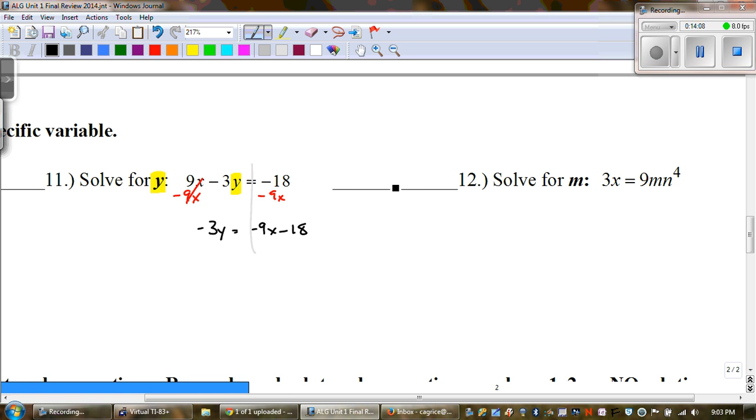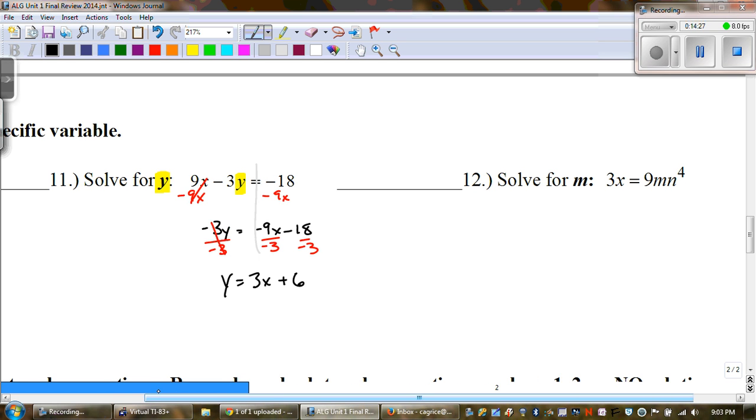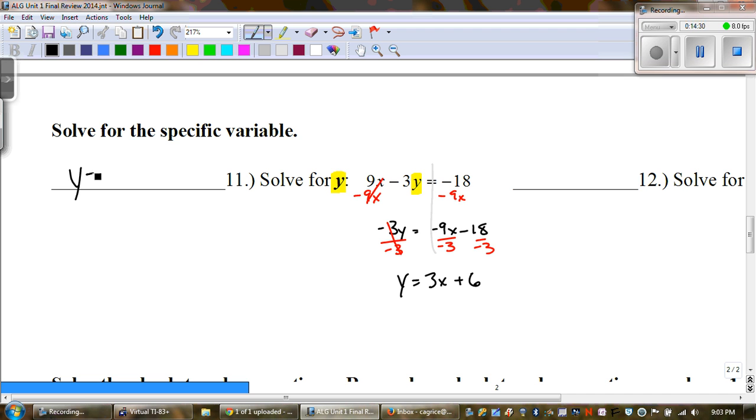We get negative 9x minus 18. And to get the y by itself, we have to divide everything by negative 3. So we get y equals negative 9 divided by negative 3 is 3x. And negative 18 divided by negative 3 is positive 6. So we get y equals 3x plus 6.